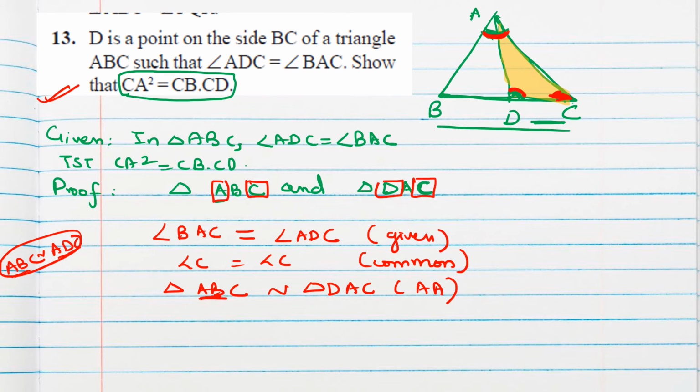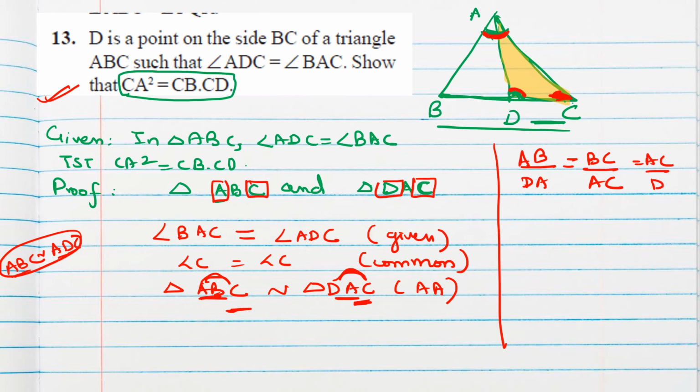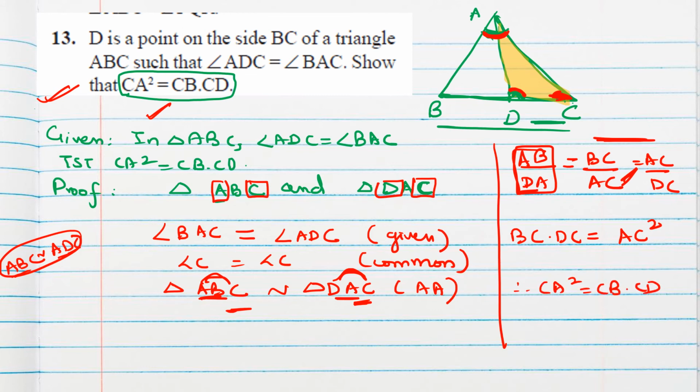So AB by DA will come, then BC by AC will come, then AC by DC will come. We won't require this. Only these two ratios are enough. So we'll cross multiply here. BC into DC is equal to AC square. See, the same thing we have proved. So therefore, CA square is CB into CD. Proved.